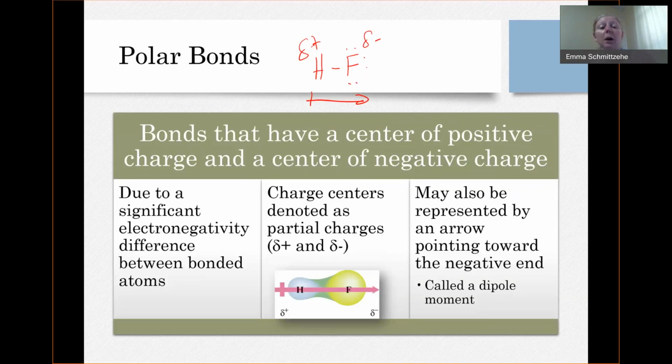Each of those bonds could be polar or nonpolar, and they each contribute to the entire molecule's polarity. So you would have to understand whether the individual bond dipoles cancel out, or whether there is something remaining. That will determine whether or not the overall molecule is polar.